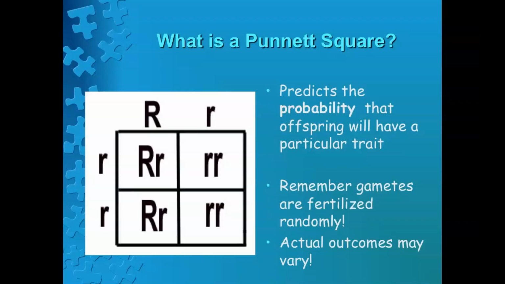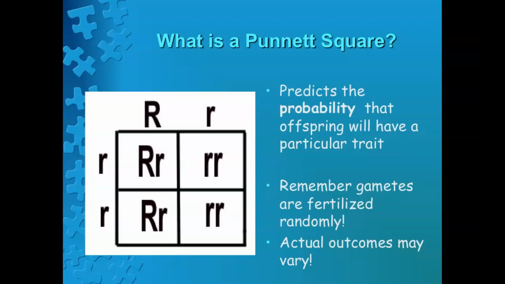The only way that you're going to get ratios of offspring that look much closer to the probabilities we get from a Punnett square is from organisms that make lots and lots of offspring, not only in a single mating event, but also over their lifetime.